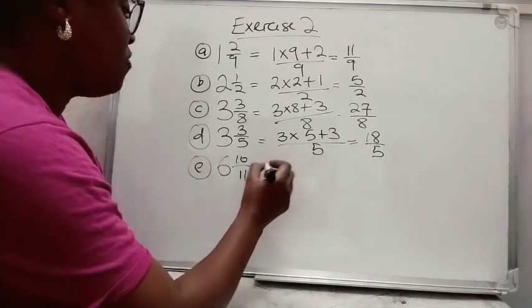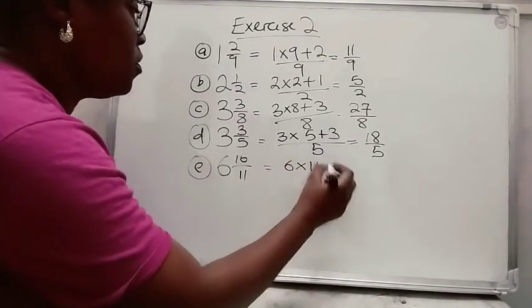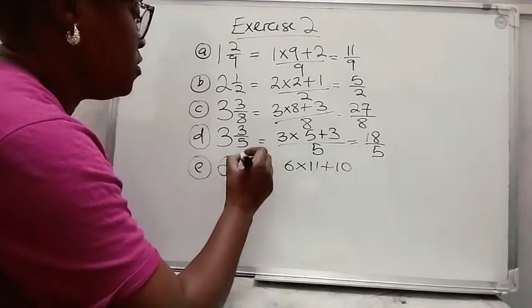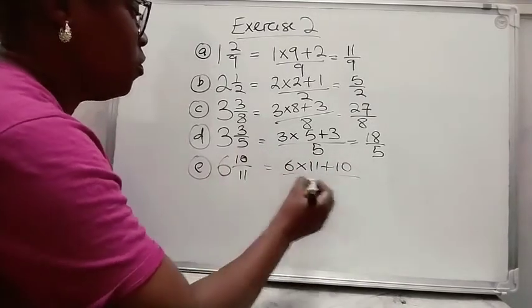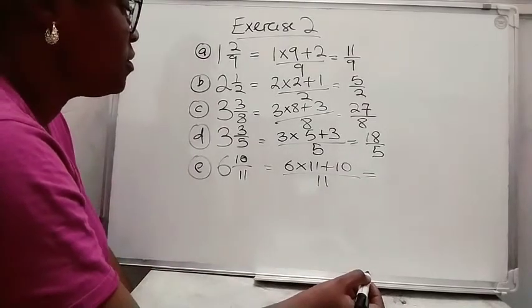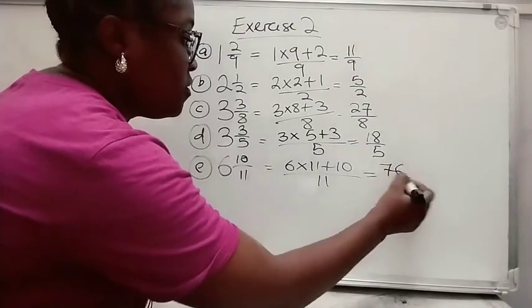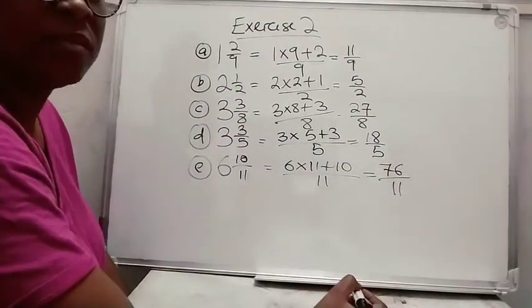Now the next we have is the whole number 6 times the denominator 11 plus the numerator, which is 10, all over the denominator. So we have 66 plus 10 giving us 76 all over 11.